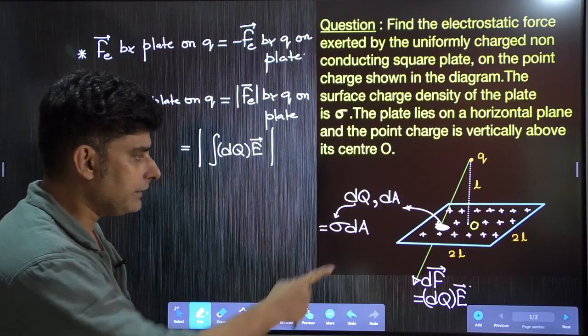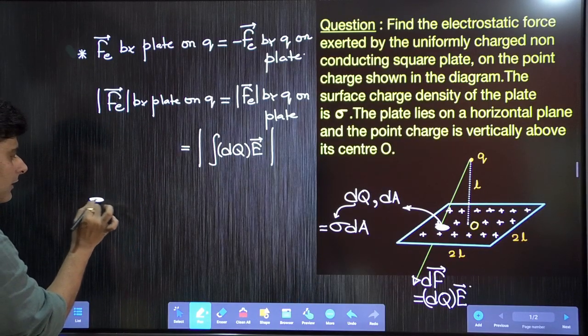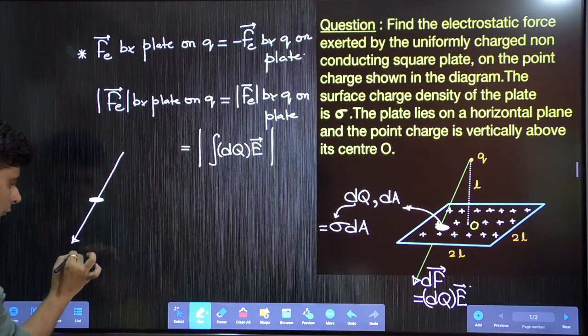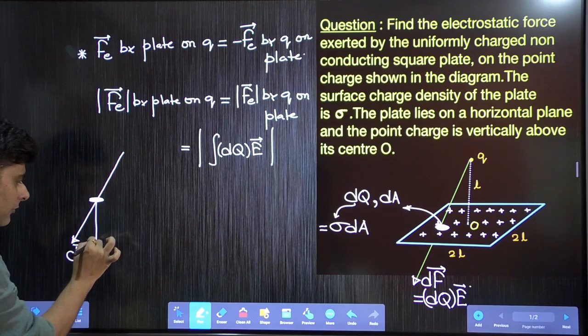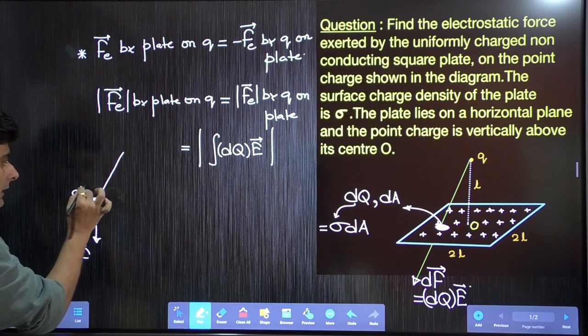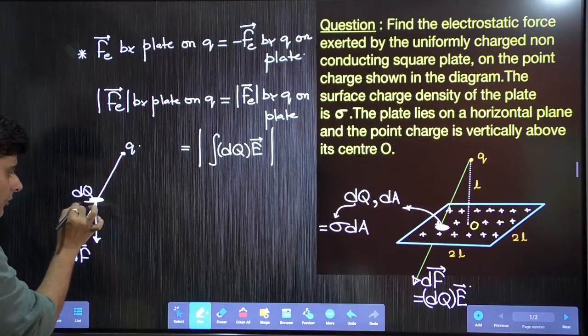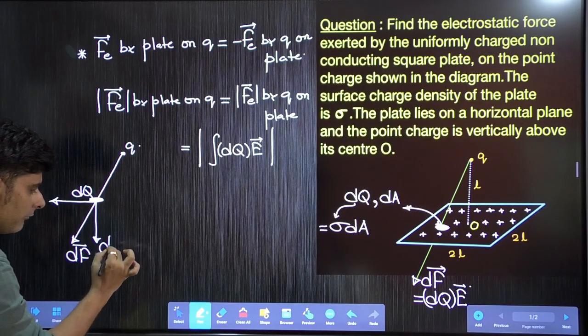Now let's see one interesting thing over here. When we are taking this force as dF on this elementary charge dq due to this charge Q, it will have two components. One will be along the surface, which is horizontal, and one will be vertical.